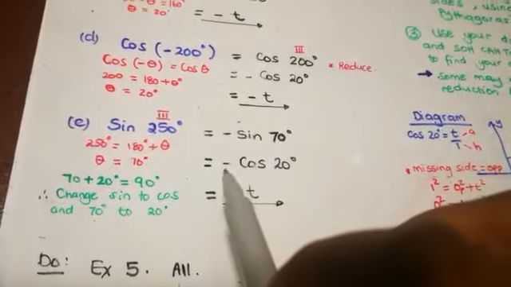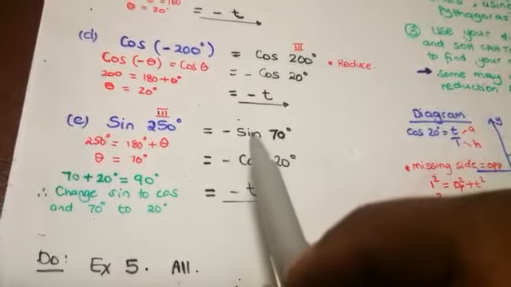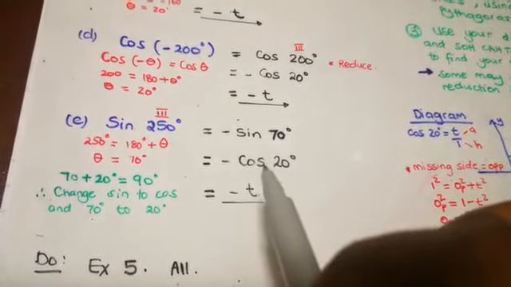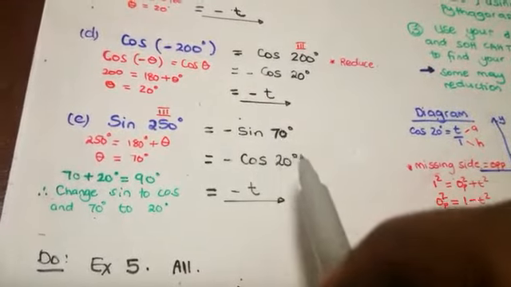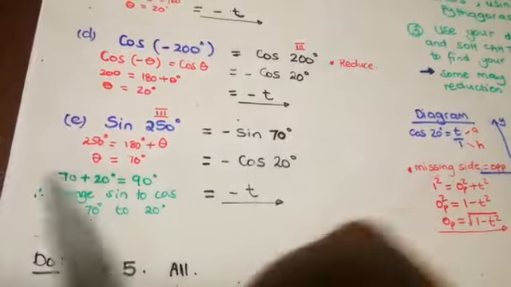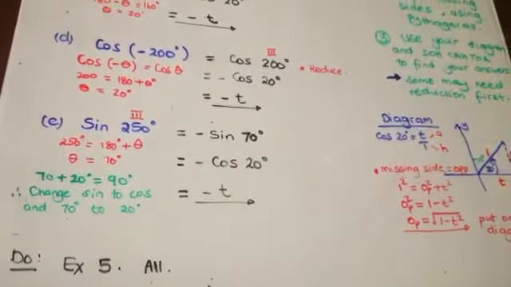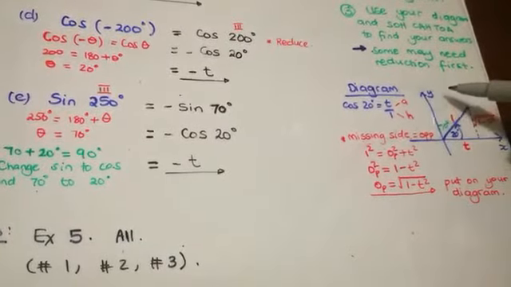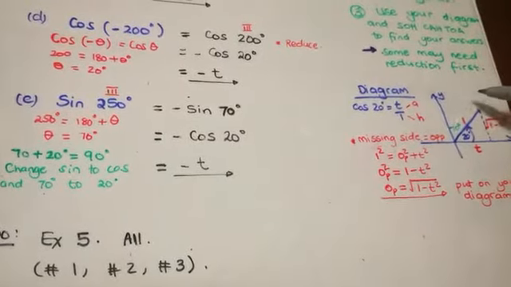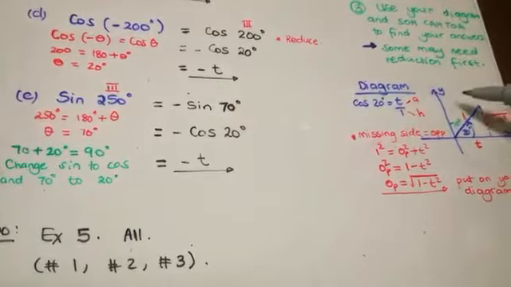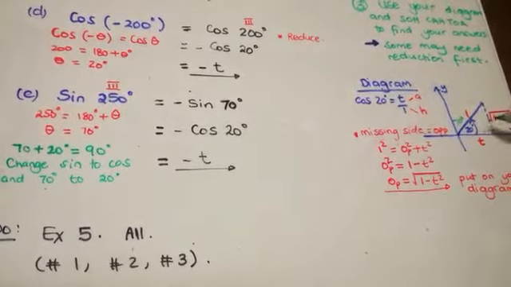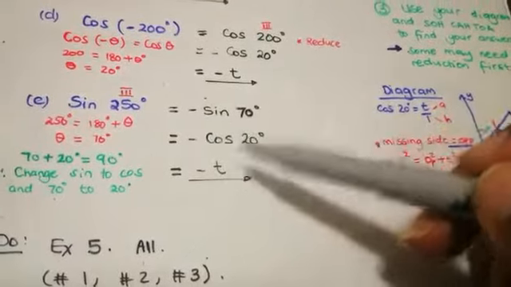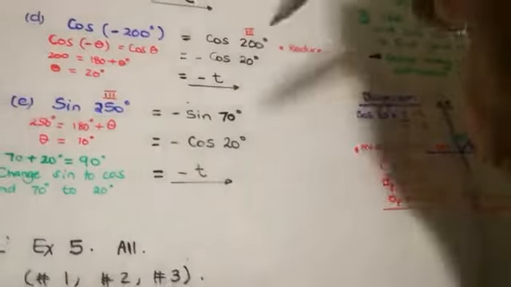So the minus sign still stays as it is, and then sine changes to cos, and then 70 changes to what? To 20. So like we did earlier on, cos 90 minus theta changes, cos changes to sine, and 90 minus theta changes to what? To theta.